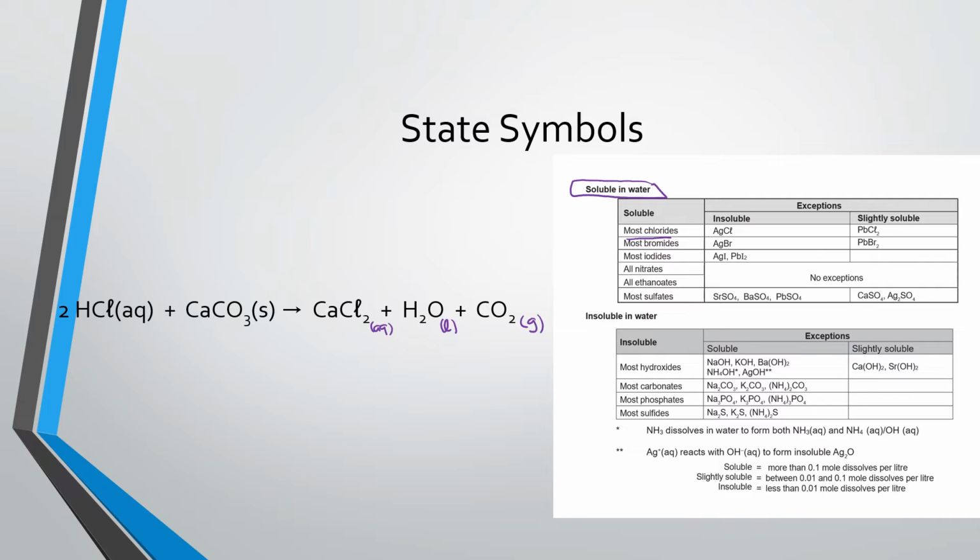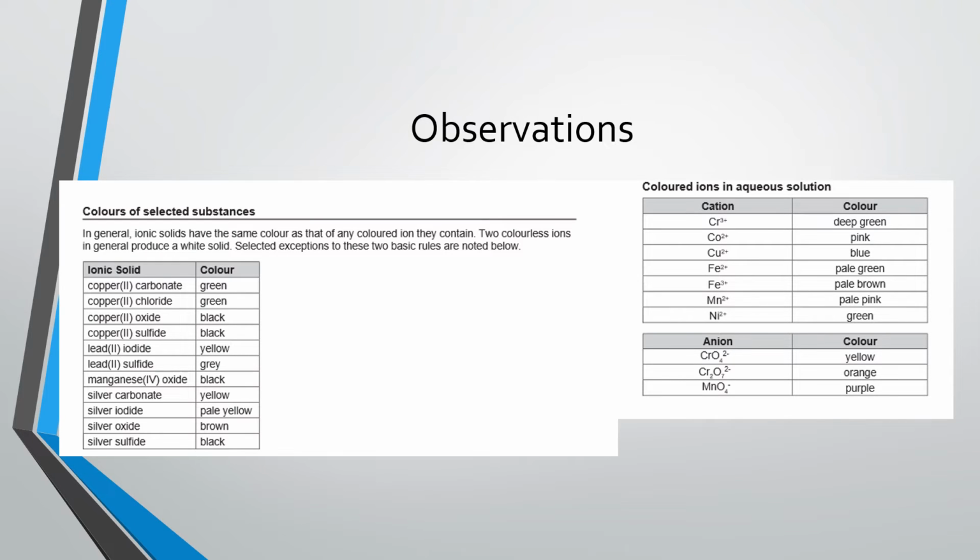Now, if we wanted to write observations, we're going to have to look up what colour the compounds of calcium carbonate and calcium chloride are. So calcium carbonate is not in the colours of selected substance table. It's not in the coloured ions, so it must be a white solid.